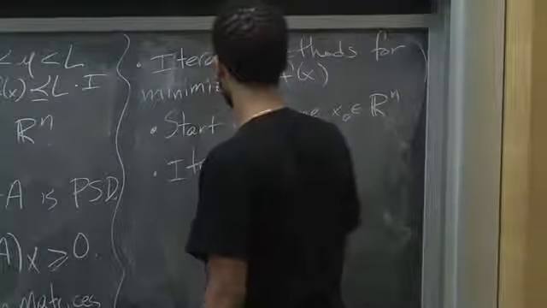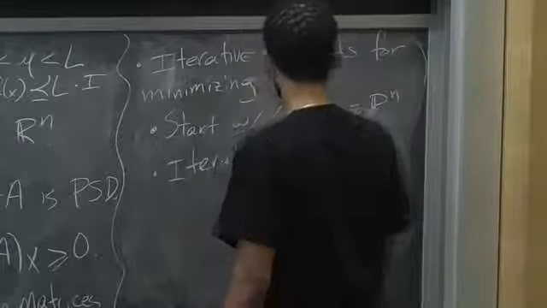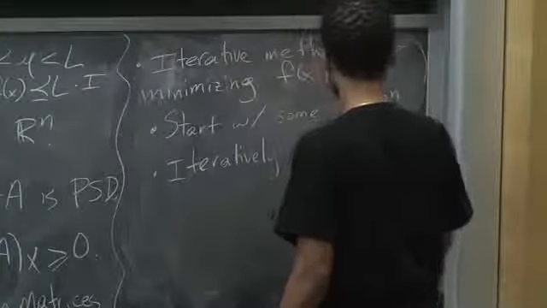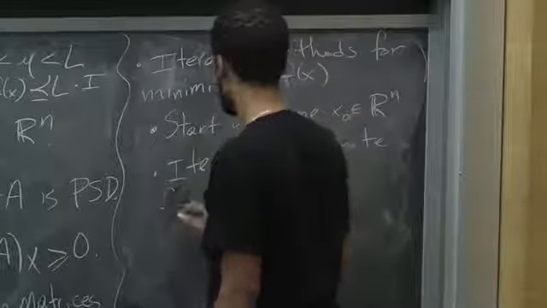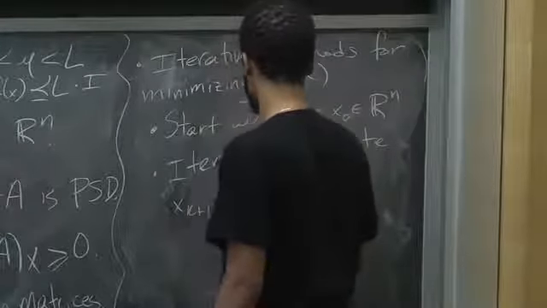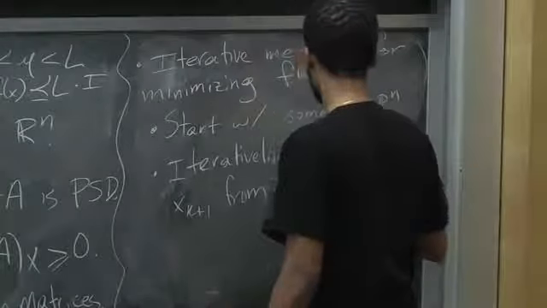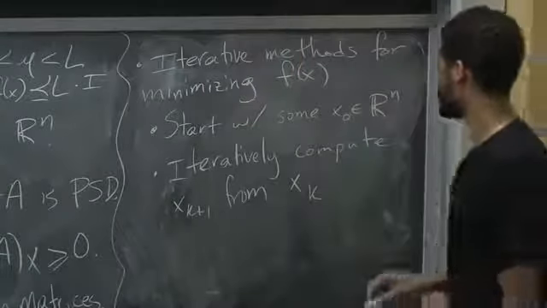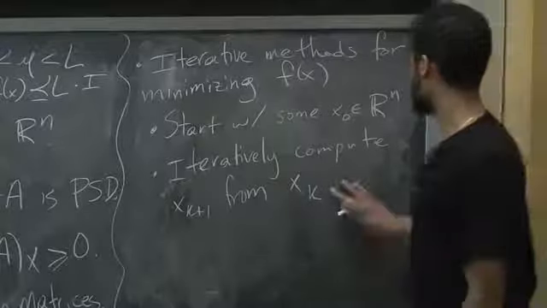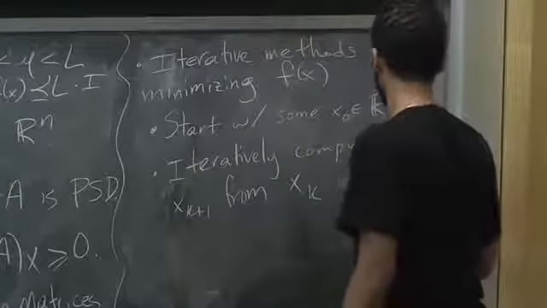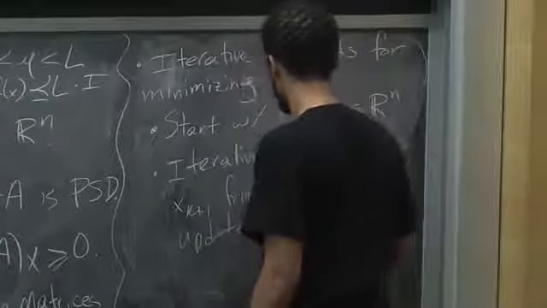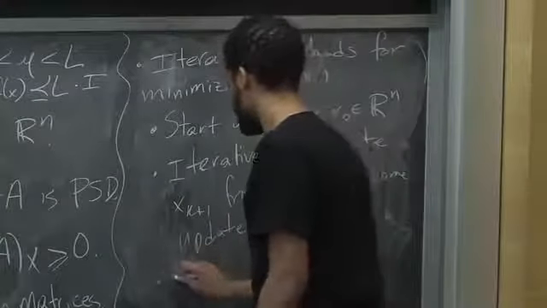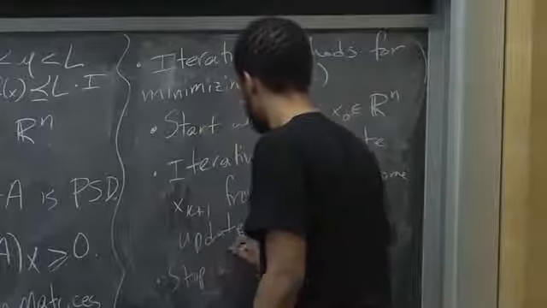Iteratively compute xk plus 1 from xk via some update rule, and then stop after some number of iterations.